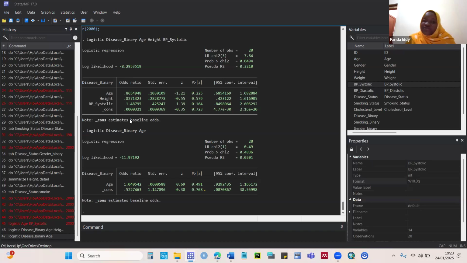So this is only for the learning purposes, but in your studies, in order for you to comment about the odds ratio, you need to experience a significant p-value. Any other question?